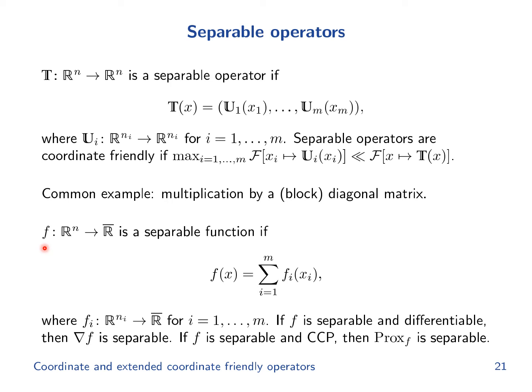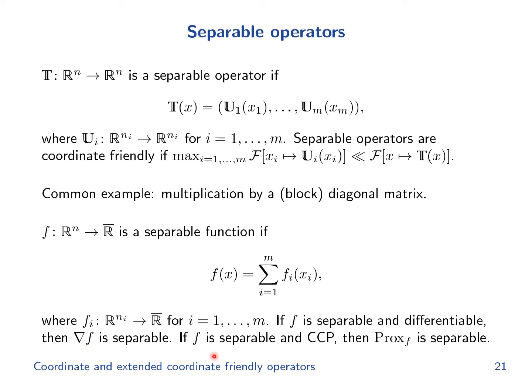f is a separable function if it can be written as the sum of f_i of x_i, i.e., every f_i depends on only one block and a unique block of x. If f is separable and differentiable, then its gradient is separable. It's a separable mapping because the gradient decomposes into gradients of individual f_i's.